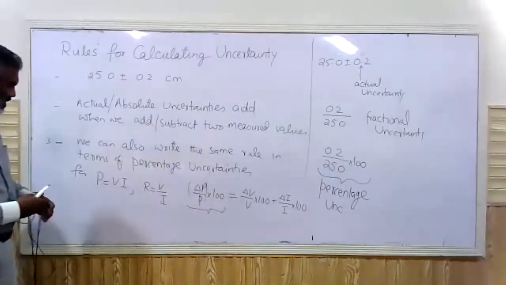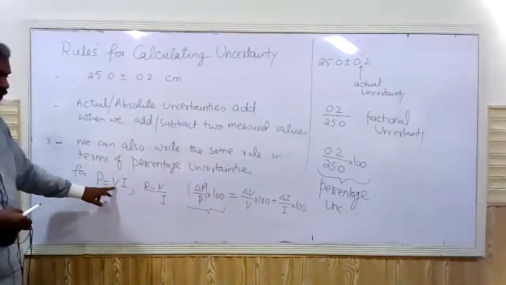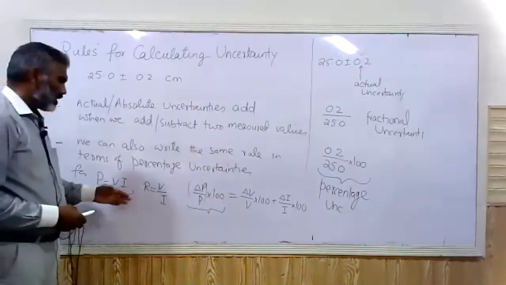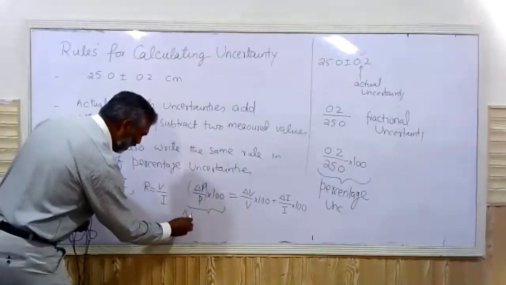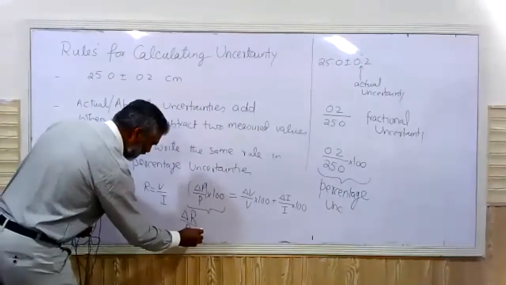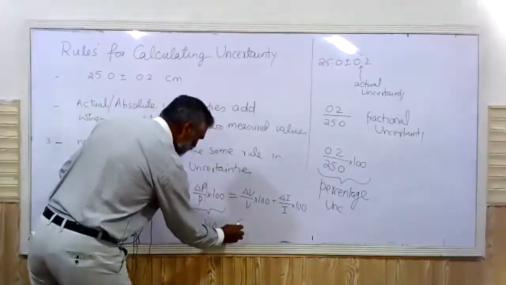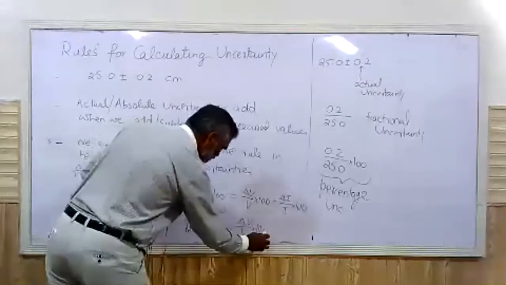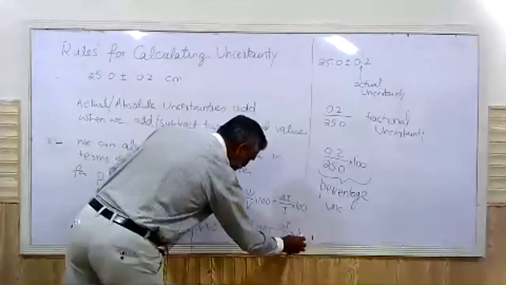So percentage uncertainty of power should be equal to percentage uncertainty of V plus percentage uncertainty of I. Similarly, delta R over R into 100 is equal to delta V over V into 100 plus delta I over I into 100.